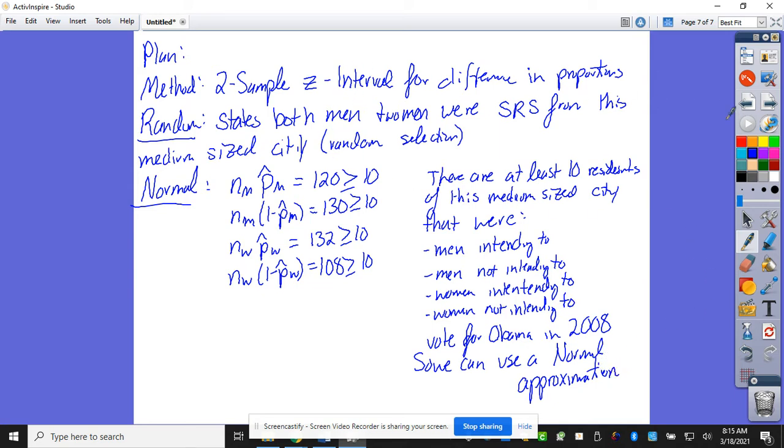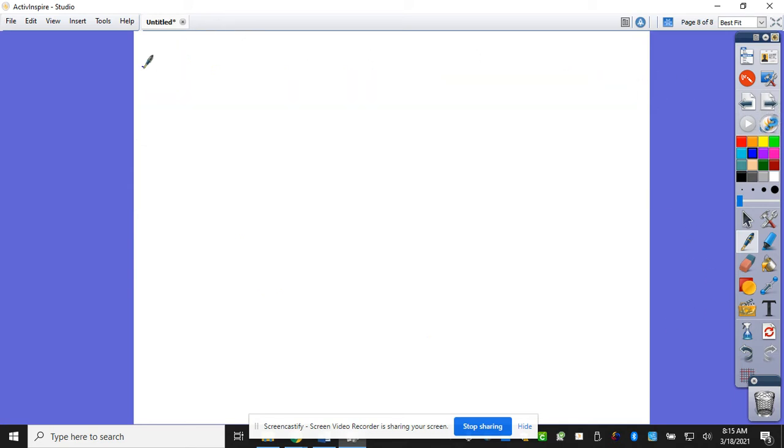And then I wrote too big, so I'm going to go to the next slide. Conditions end up being the majority of 2-sample problems. So we have to do this for both. A lot of you are just putting greater than.